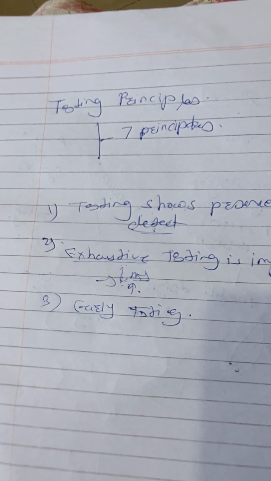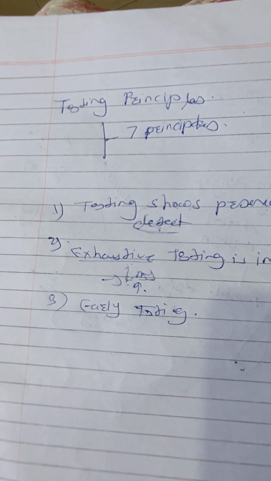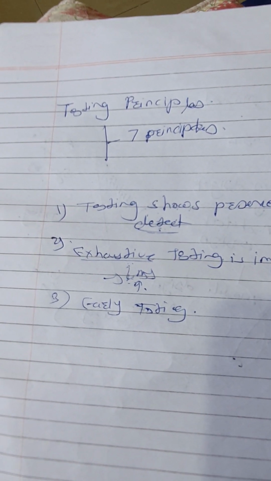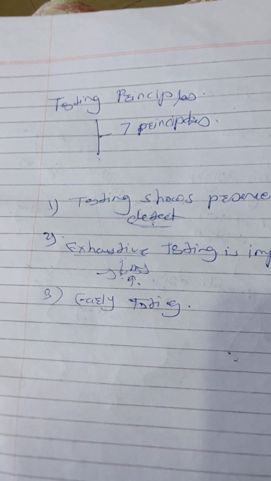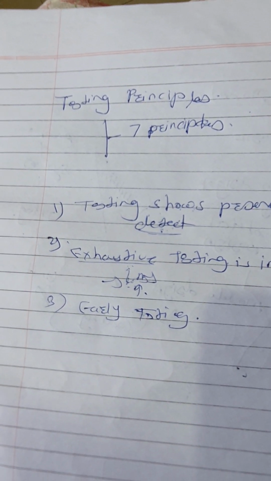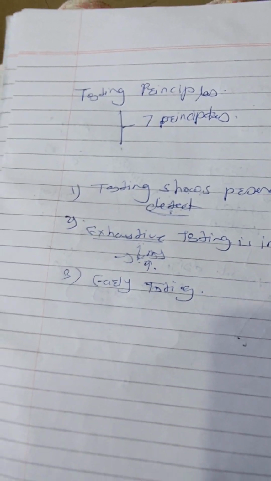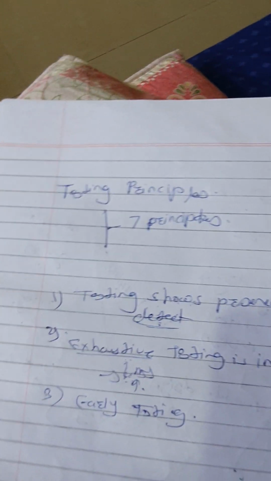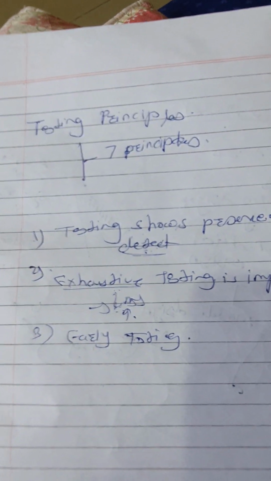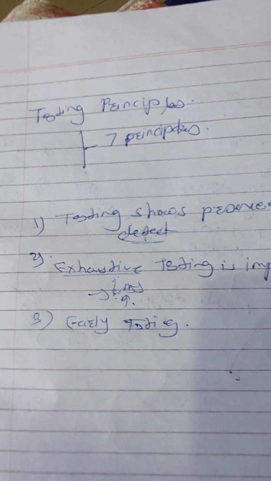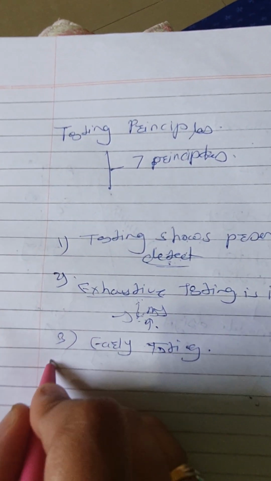You have to check whether your software is going to be designed as per your customer's requirement or not. If you start early testing, it will positively affect your software cost and help maintain 100% quality. So early testing is quite good to perform during testing.